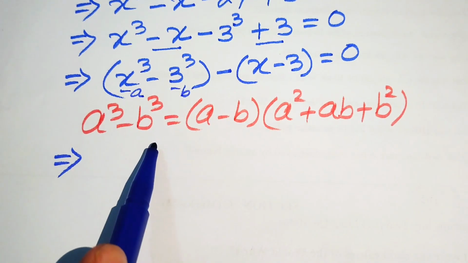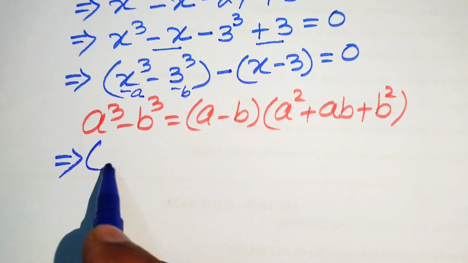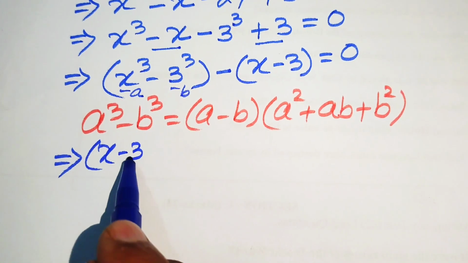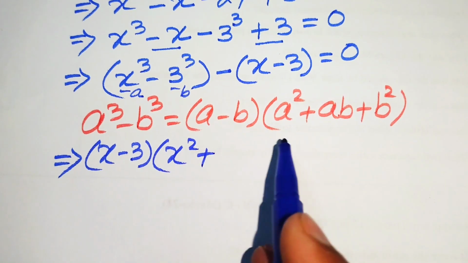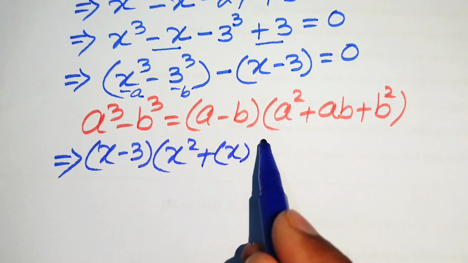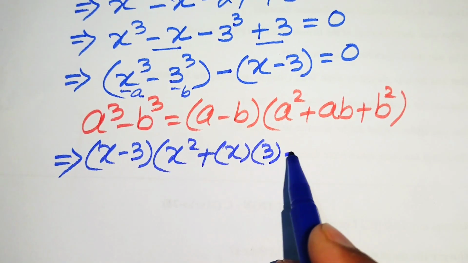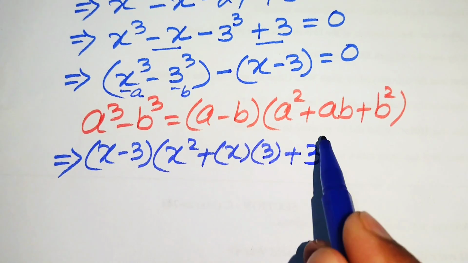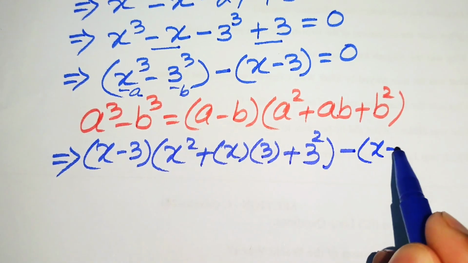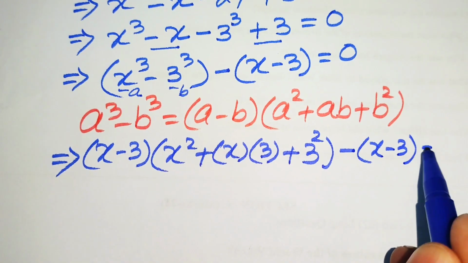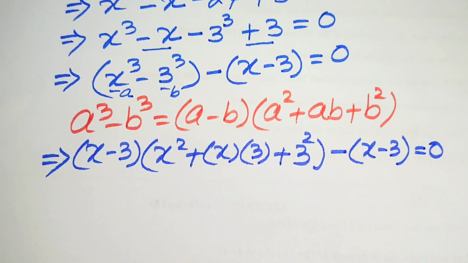According to this formula, we write our equation as x minus 3 into x square plus ab, where a is x and b is 3, plus b square which is 3 square, minus x minus 3 equals 0.